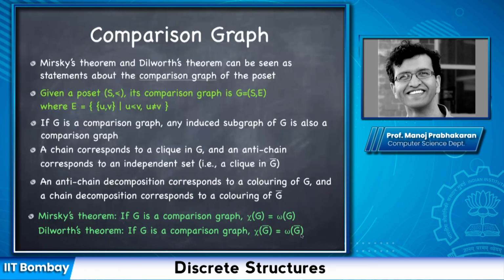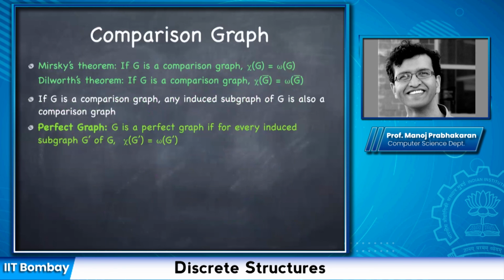So that's the clique number of G prime. Again, one direction was easy: chi G prime is greater than or equal to omega G prime. And what we just showed was that, in fact, equality holds, chi G prime equals omega G prime, if G is a comparison graph.